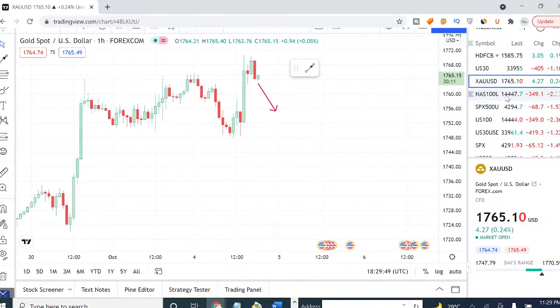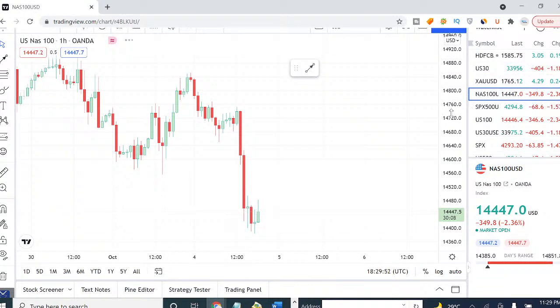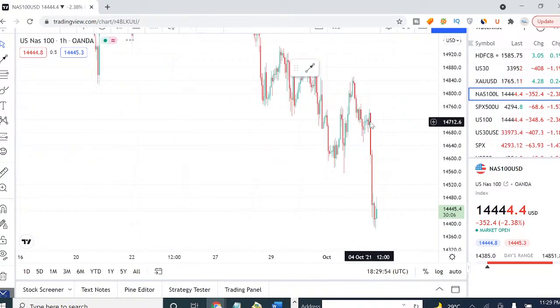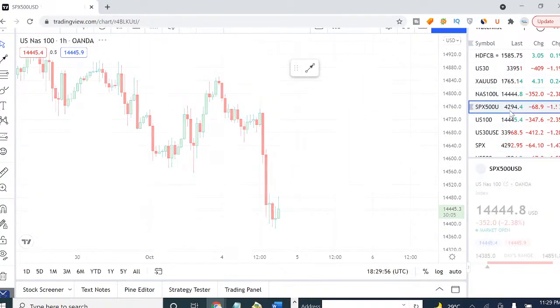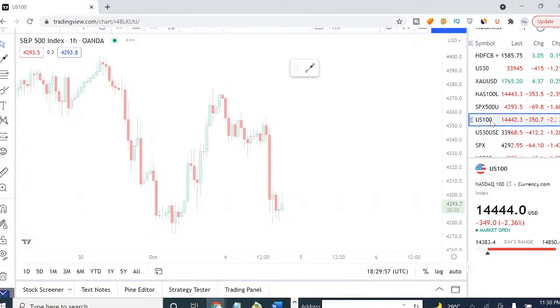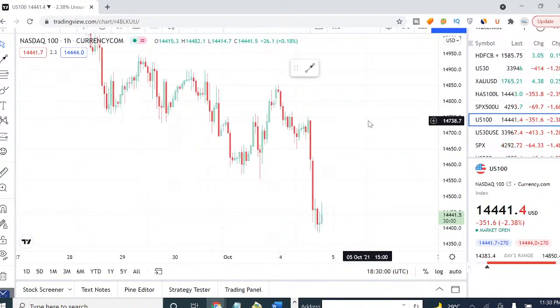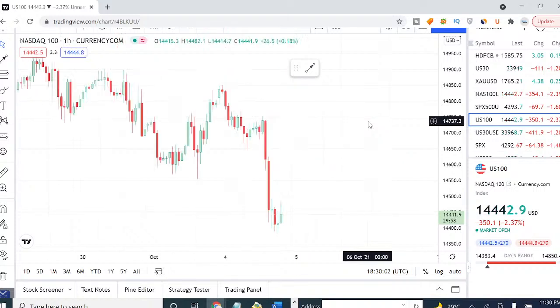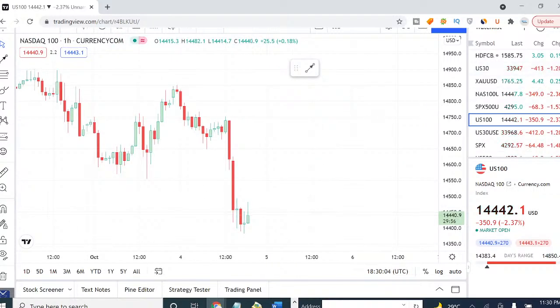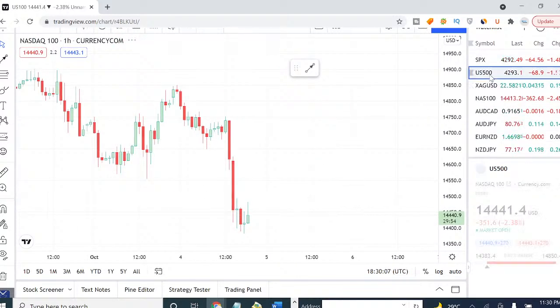Okay, NAS 100, not sure, the price is not clear. US 100, so let's see what US 100 is going to do. Not sure, the price is dropping and we do not have any signs to give.